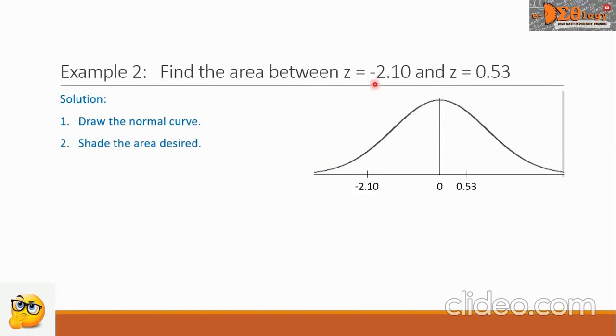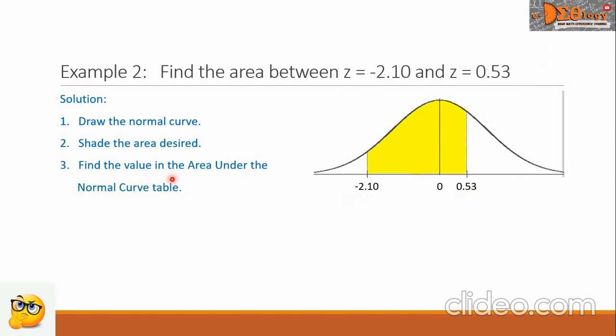The z, negative 2.10, is placed on the left side, while the z, 0.53, is positive, so it must be on the right side of the mean, respectively. Then, let us shade the area between z equals negative 2.10 up to z equals 0.53.